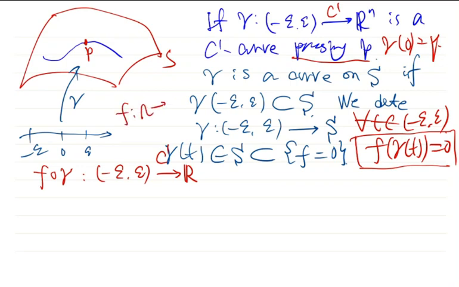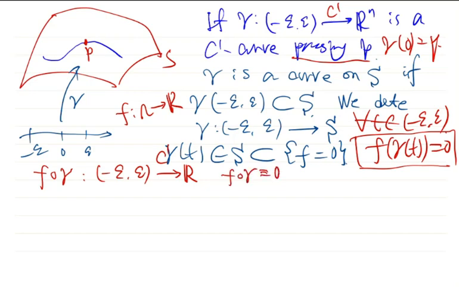F maps omega to R. Okay? Therefore, the composition is a C1 real valued single variable function. It is differentiable. We take the derivative at t equal to 0. What do we get? Because the composition is actually a constant function, the value is 0.